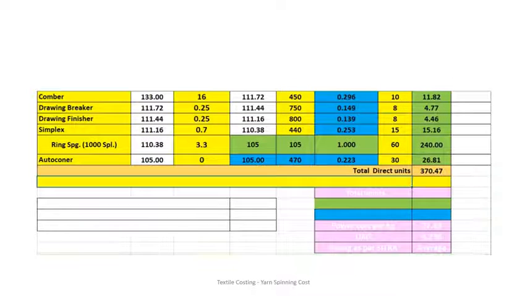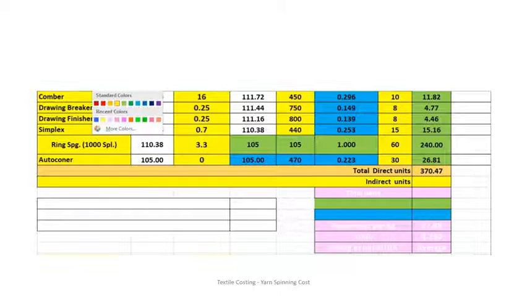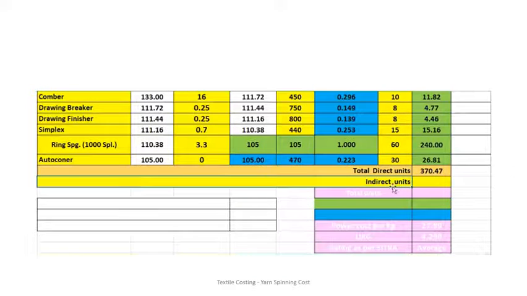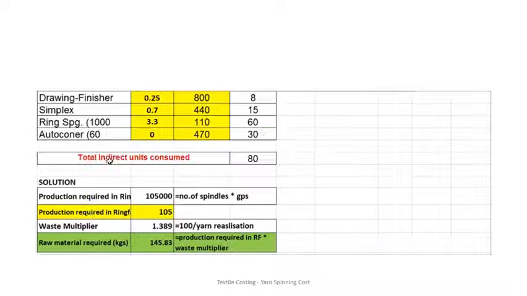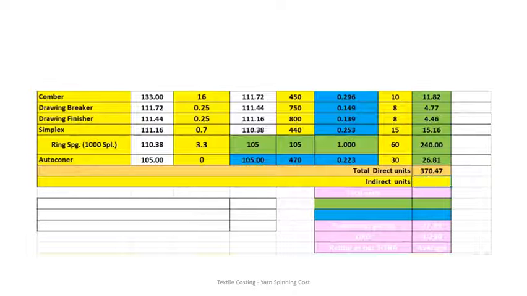We have the total indirect units that is already given in the question. So we have the total indirect units consumed to be 80. So this can be added here directly. This is for the lighting, humidification and others. So direct units total is 370.